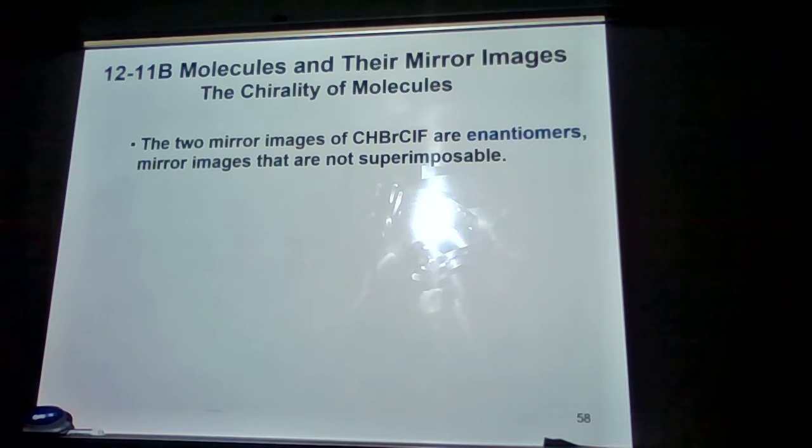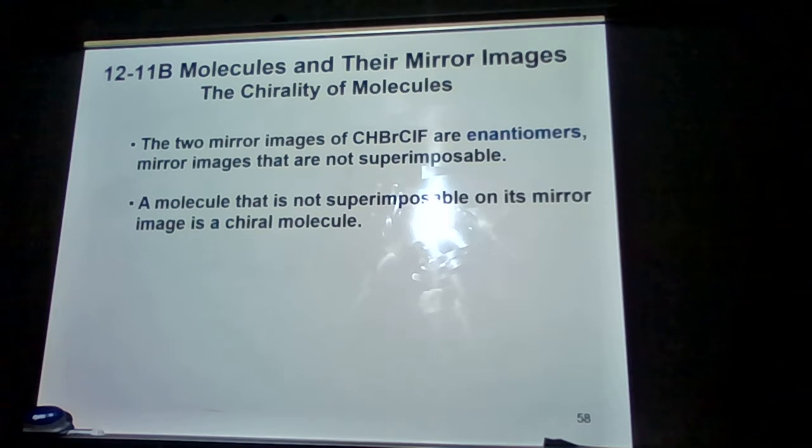The two mirror images of bromochlorofluoromethane are enantiomers. They are mirror images that are not superimposable upon one another. A molecule that is not superimposable on its mirror image is called a chiral molecule.